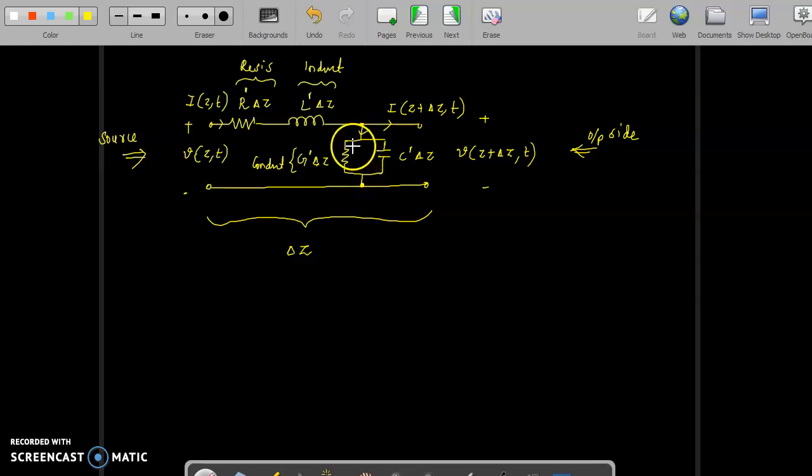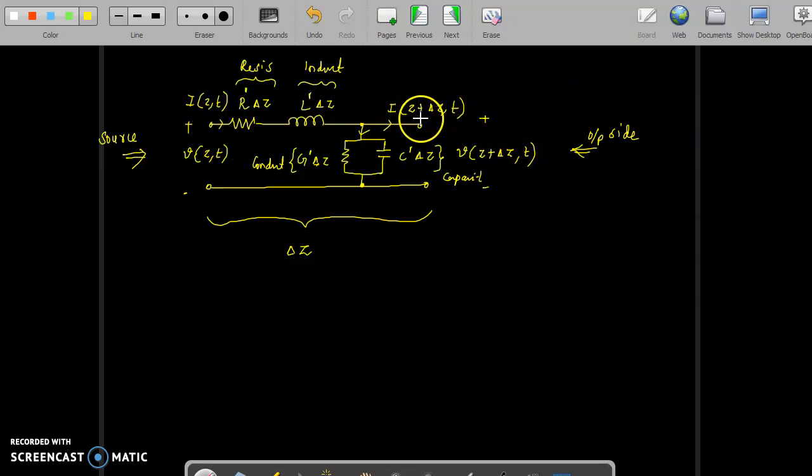So we are modeling that using this conductance. The total conductance seen by this network of length delta Z is G dash delta Z. And similarly the capacitance of the network, this is the capacitance, C dash delta Z.